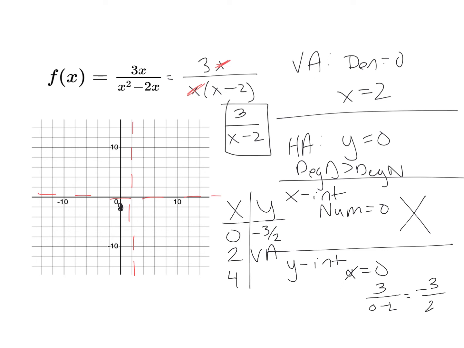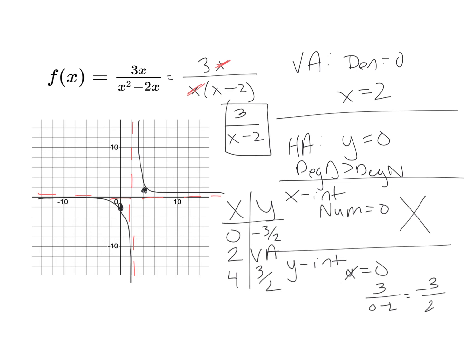So I'm going to choose 4, no real reason, just because I wanted some symmetry. I'm going to plug 4 into my reduced expression. I get +3/2. And so you can see that my 2 points are in opposite quadrants like this. So when I graph this function, it's going to look just like that.